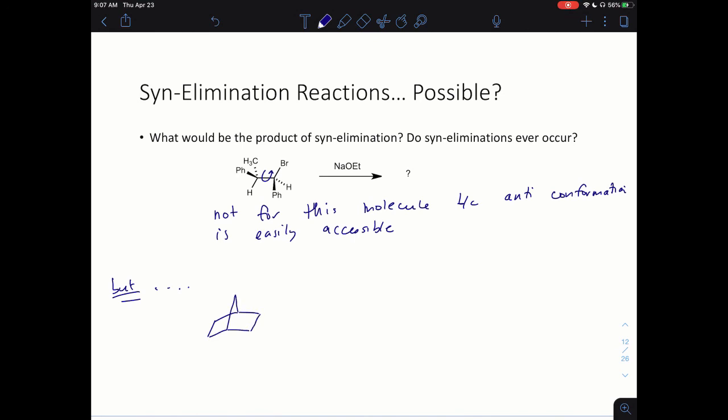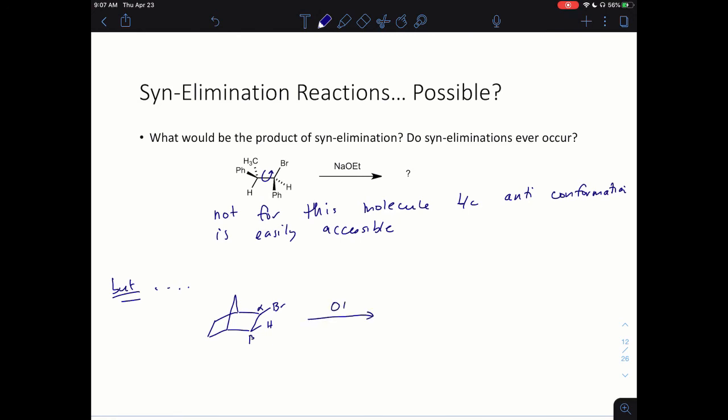So we have this bridged bicycle. Bicycle means there's two rings. And there we have a carbon-bromine bond, so that's our alpha carbon. This is our beta carbon.